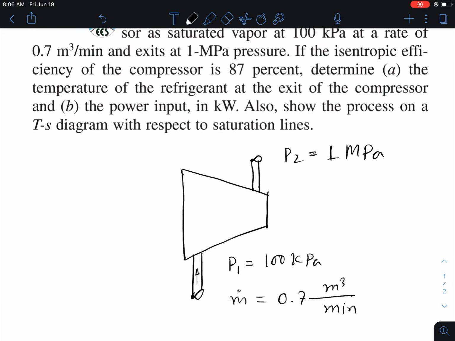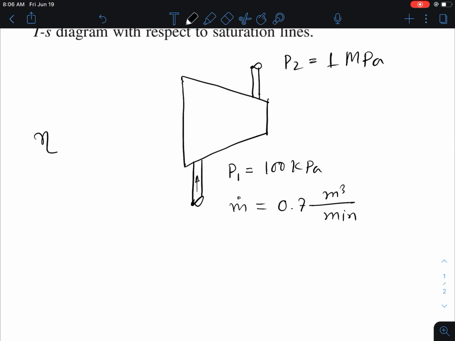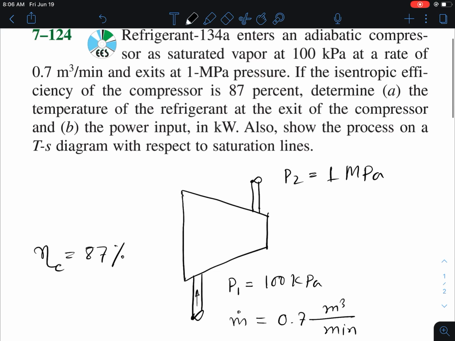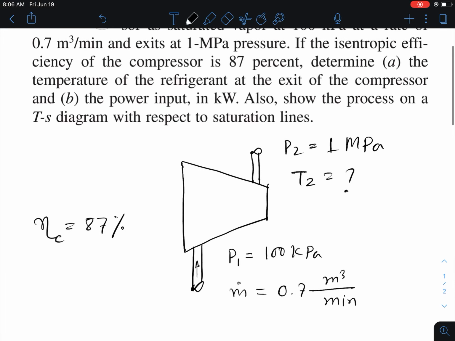If the isentropic efficiency of the compressor is 87%, determine A, the temperature of the refrigerant at the exit of the compressor. So what is the temperature at the exit, right?